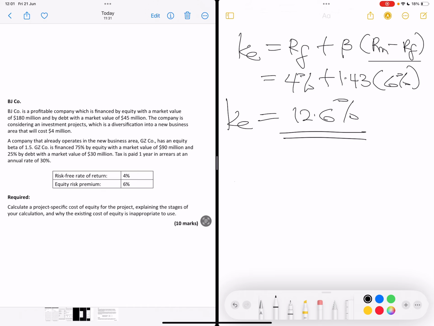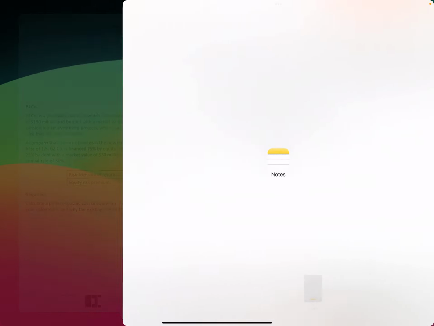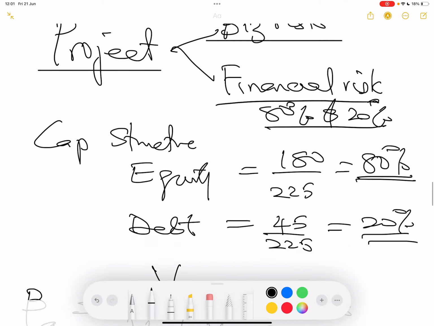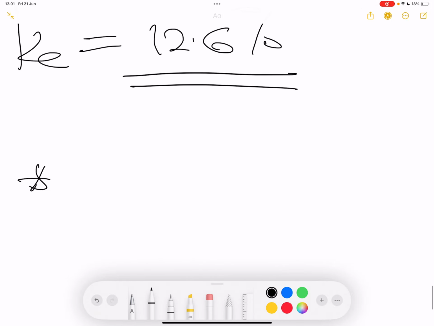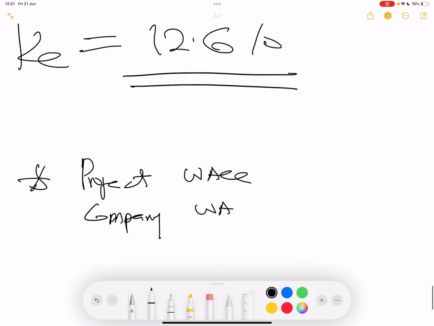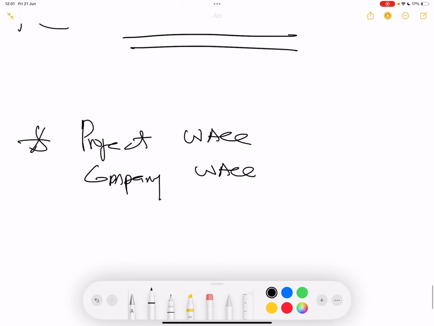And lastly, how do you know what is appropriate? I wanted to touch on that quickly. When to use project-specific WACC or company WACC? Just need to know that company WACC can also be used if you meet certain criteria, there are some conditions that you need to know.